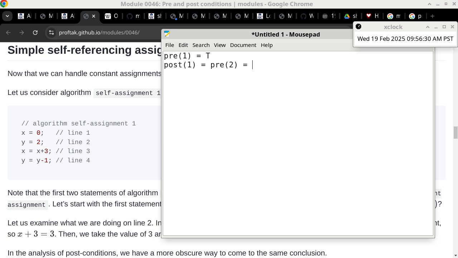With that one, we use this format, which basically says since we're going to change x irreversibly to a 0, we have to forget everything in pre-1 that mentions the variable x, but now we can also say that x equals 0 as a post condition of line 1. Okay, does that make sense to you?